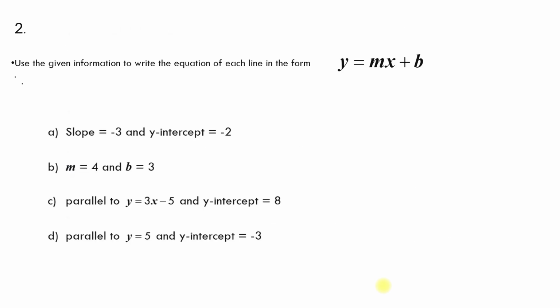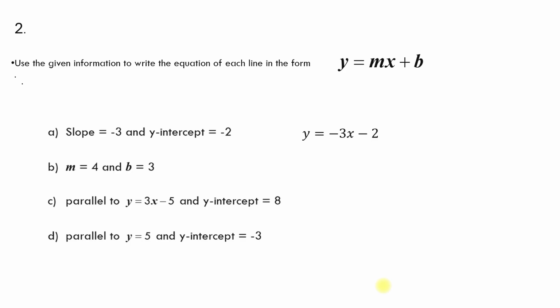Use the given information to write the equation of each line in the form y equals mx plus b, or what we now call slope-intercept form. So, A, if a line has a slope of -3 and a y-intercept of -2, we can simply write y equals -3x minus 2.